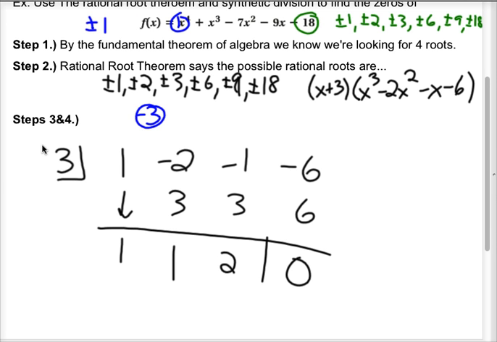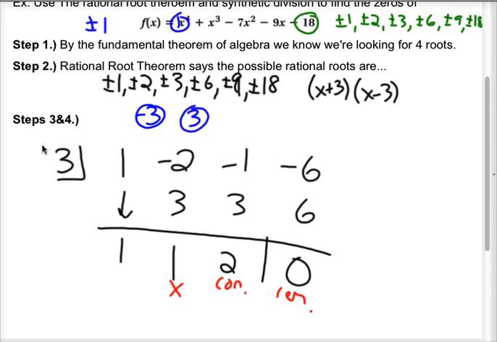So I'm going to add 3 to my list of roots. So now I've broken down this piece to add another linear factor, x minus 3, and now my remainder is 0, constant of 2, x of 1, x squared of 1.